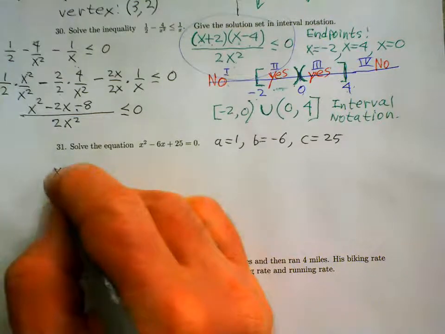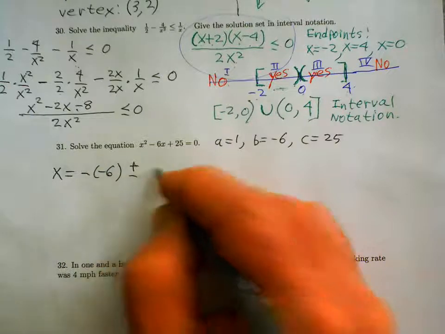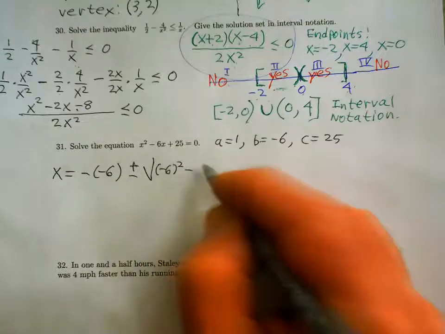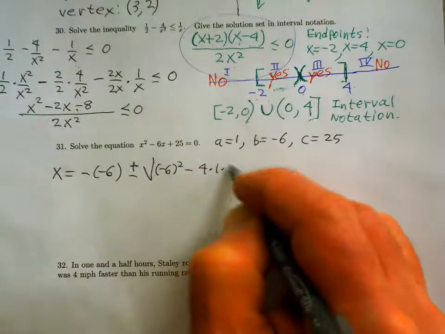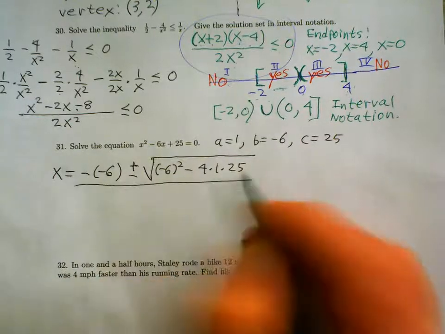So we get x equals the negative of -6 plus and minus the square root of -6 squared minus 4 times 1 times 25, all divided by 2 times 1.